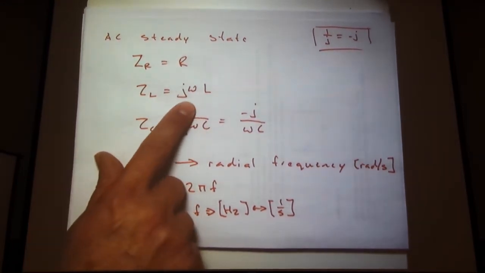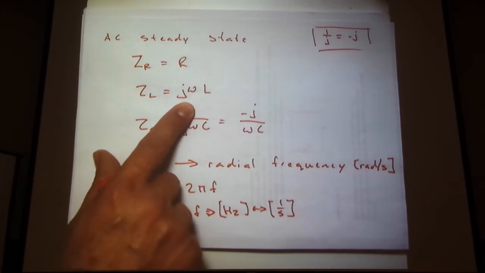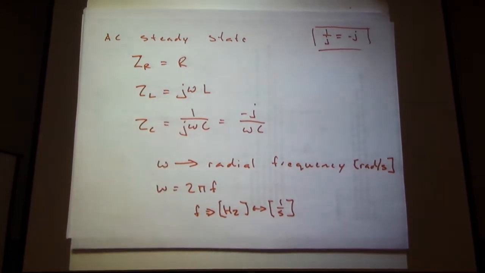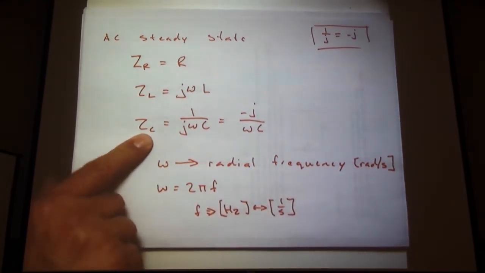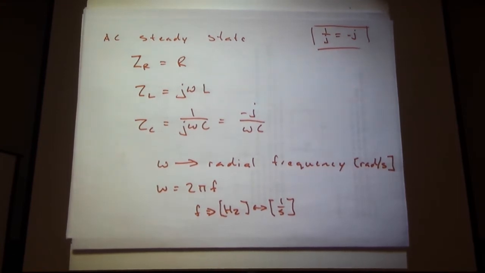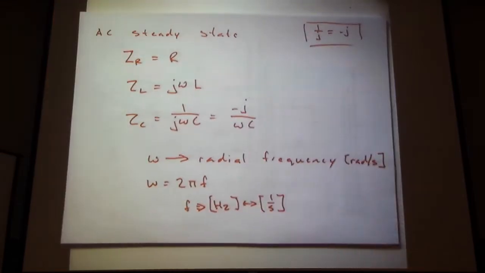So as omega goes to infinity, or becomes large, then ZL goes to an open circuit, or becomes a very, very large number. And similarly, as omega goes large, what does ZC do? Well, capacitors become a short circuit. So this is something we haven't seen before. And we'll look at this again on Thursday. So these are all complex numbers now.